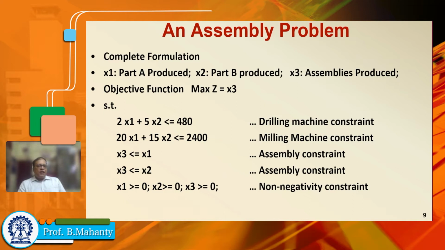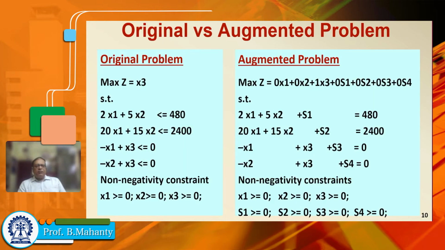In that case, we shall have 4 constraints and we can add 4 slack variables to get the augmented problem. So here is the augmented problem. Instead of x3, x4, x5, x6, we have taken s1, s2, s3 and s4. This is the original problem and this is the augmented problem.